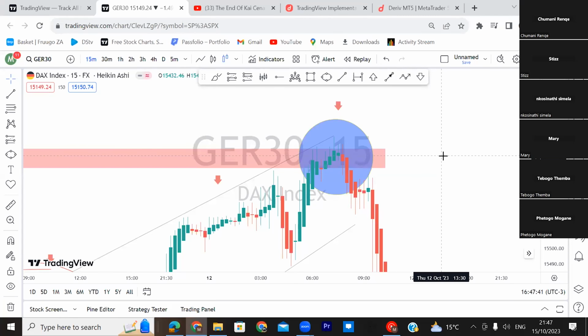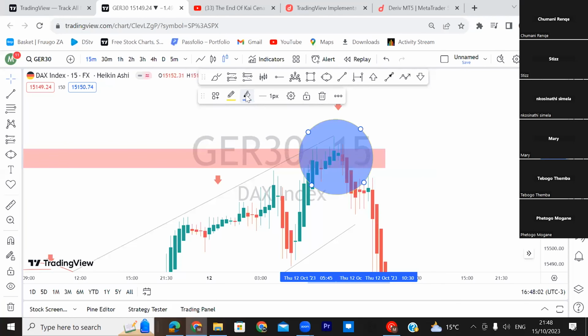I'm pretty sure some of you even know them by name, even though they're very confusing by name. But as long as you know the characteristics in terms of the shape and the size of the body of the candlestick. So let's make this blue circle a bit lighter.